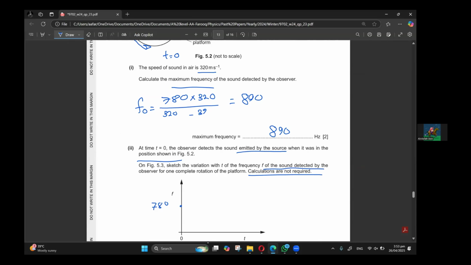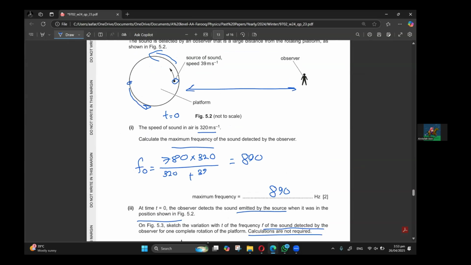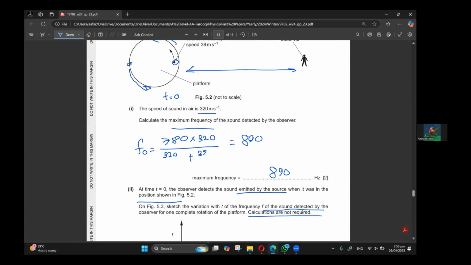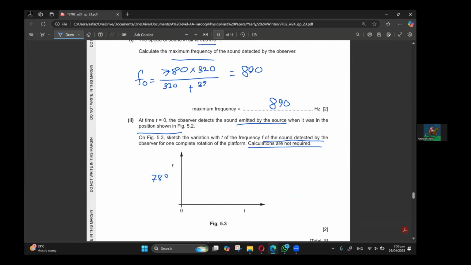So it decreases. Speed is the same, but its frequency will decrease.